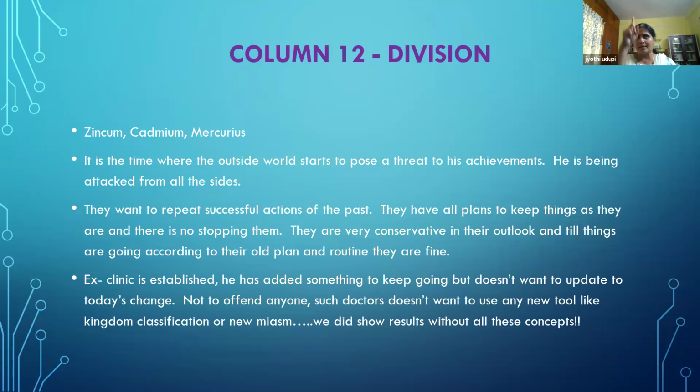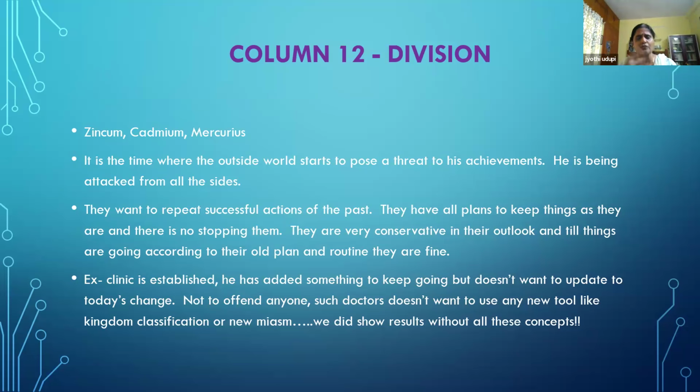Column 12. Zincum to Mercury. It is a time where the outside world starts to pose a threat to his achievements. He is attacked from all sides. Other than your charges, he may be adding steroids, he is not very punctual, he is giving too many patents.